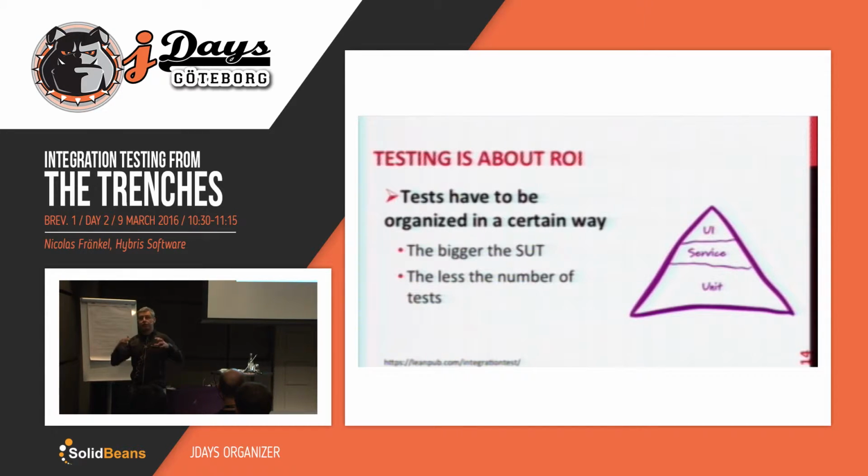And the larger the system under test, the smaller the number of tests you have. And not only the smaller the number of tests, but in this case, you should probably only test the nominal path, not trying to check error and stuff. So just test the normal path.